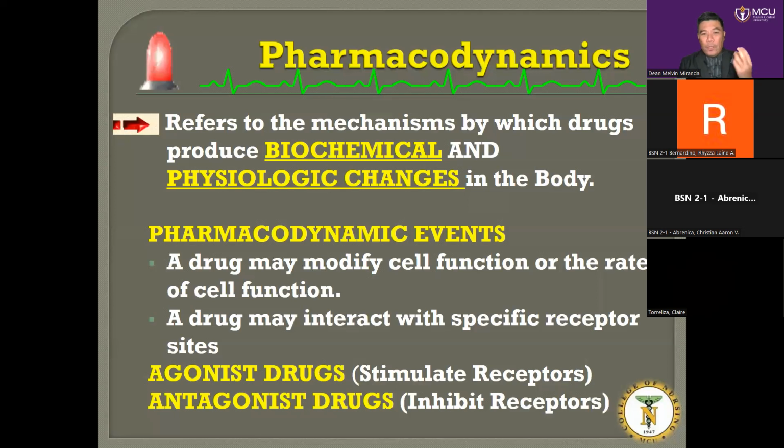And if we encounter a beta agonist drug, the agonist itself will guide you that it will stimulate, promote, and enhance movement. So agonist means stimulate.